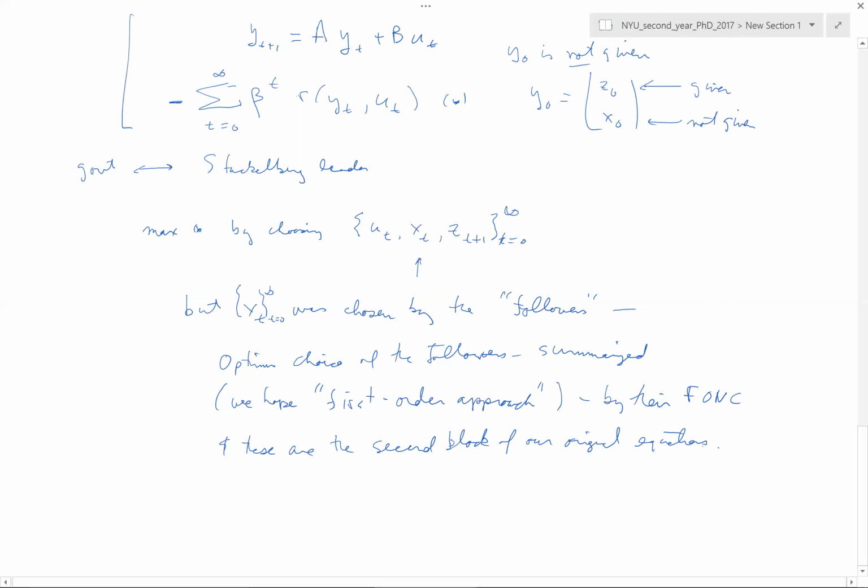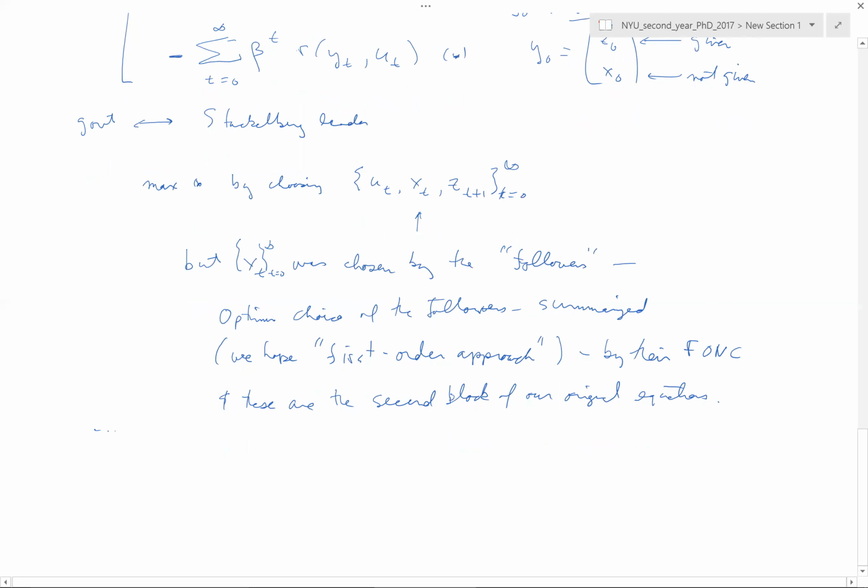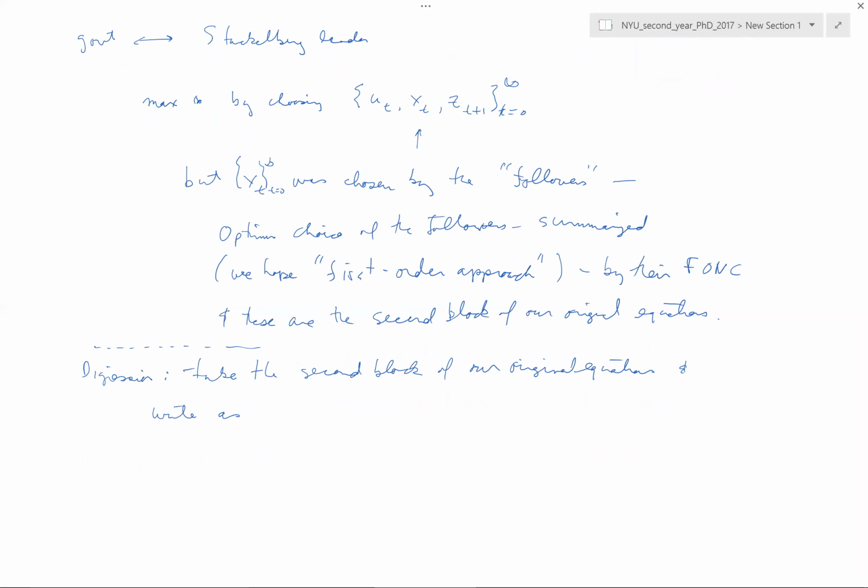So let's elaborate on this a little bit. This is going to be a little digression. Let's take the second block of our original equations and write them like this. I'm just listing the variables that are in that equation.